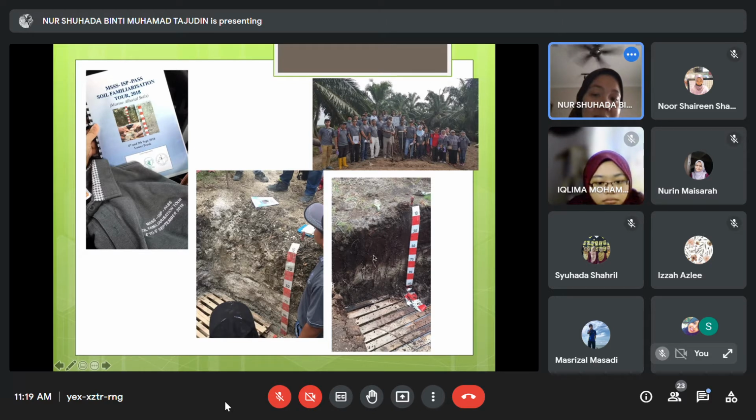While for this one, you can see this type of soil is a peat layer. Not even 100 cm, 100 cm is about 1 meter. Tak sampai 1 meter, you found the water already. Nampak ni air bawah ni. Nampak tak? Okay.